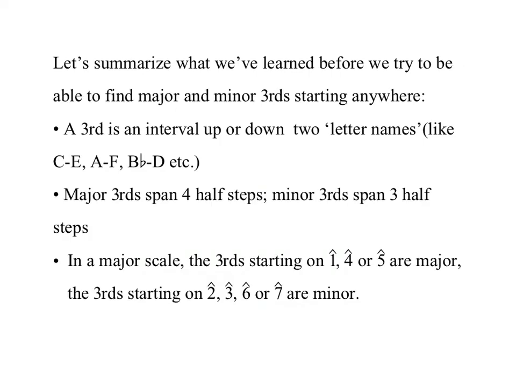So let's summarize what we've learned before we try to be able to find major and minor thirds starting anywhere. A third is an interval up or down 2 letter names, like from C to E, C, D, E, or from A down to F, A, G, F, or from B flat up to D, B flat, C, D, etc. Major thirds span 4 half steps and minor thirds span 3 half steps.